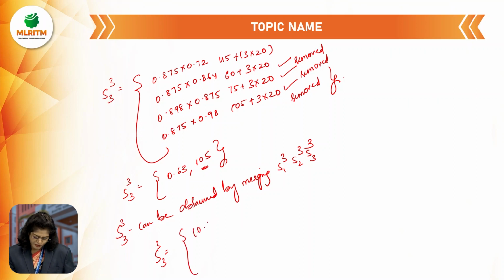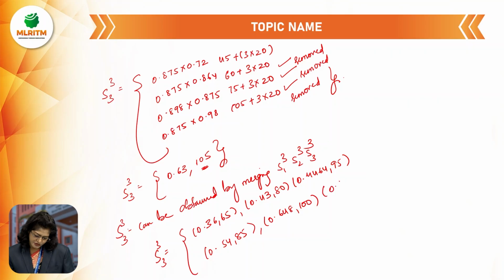First one is 0.36 comma 65, 0.43 comma 80, 0.4464 comma 95, 0.54 comma 85, 0.648 comma 100, 0.63 comma 105. Altogether we have written.